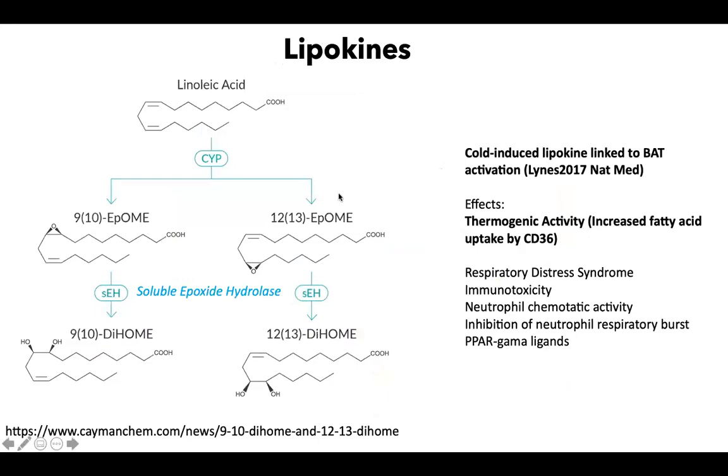And these are the lipokines that we mentioned to you that are produced from linoleic acid. This is the pathway, and the lipokines are these two compounds that have these two hydroxyl groups, and they have been shown to be activated in cold and have thermogenic activities through increased uptake of fatty acid by the CD36 receptor.